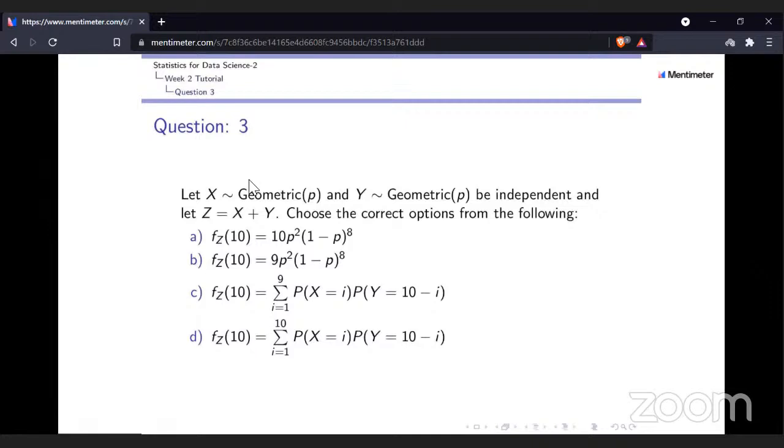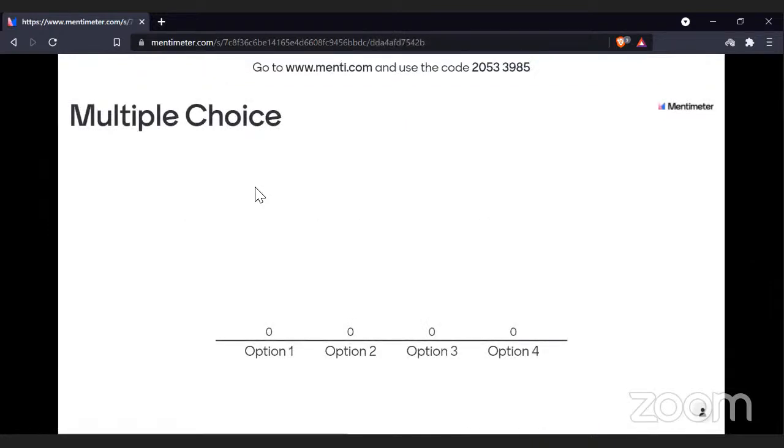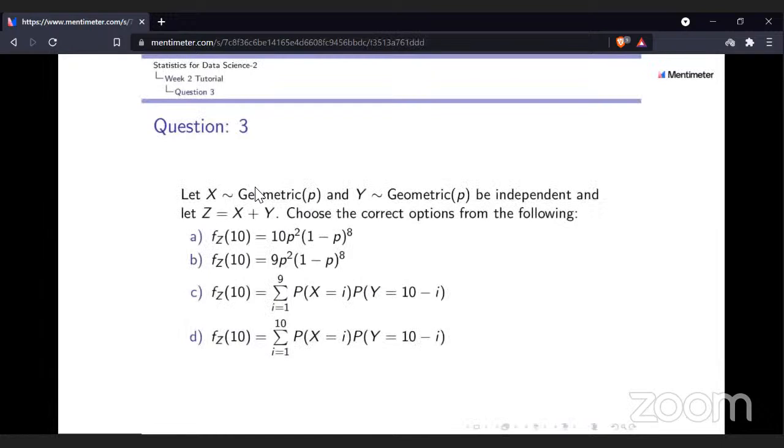Voting is not available. Yeah, sure. It should come now.